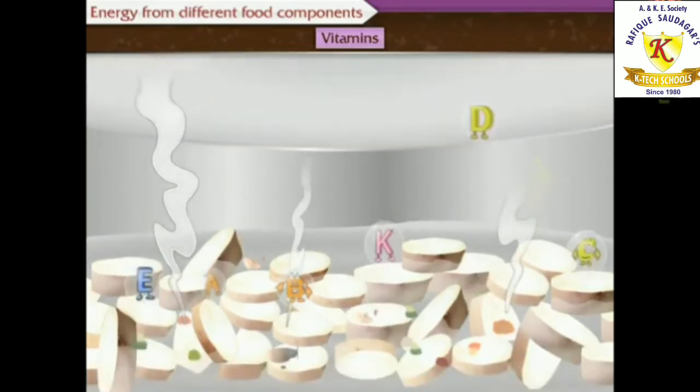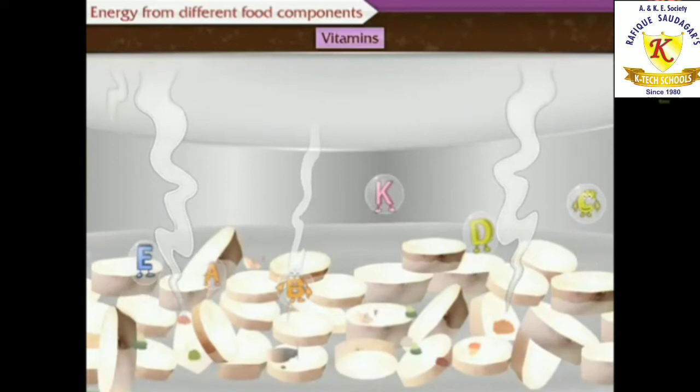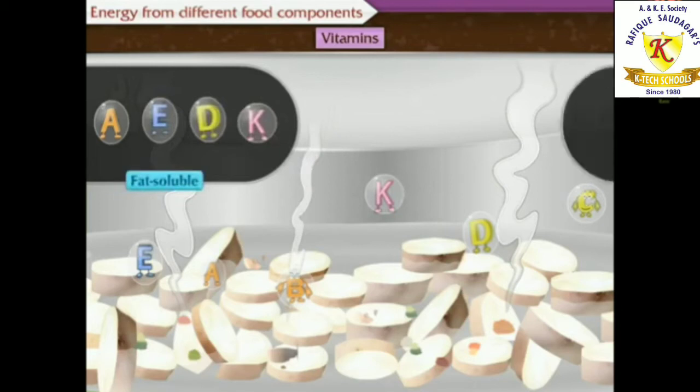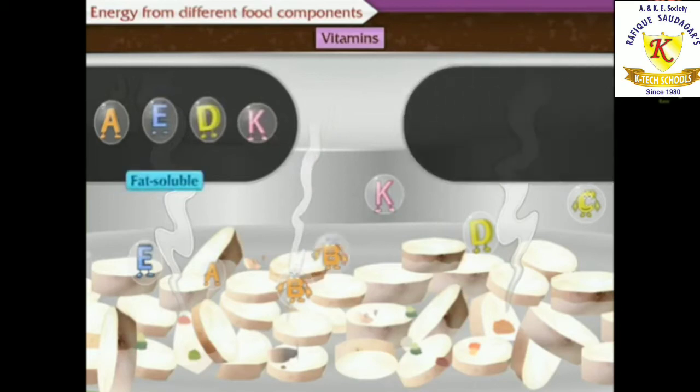Children, there are main 6 types of vitamins like vitamin A, vitamin B, vitamin C, vitamin D, vitamin E and vitamin K. Out of these, children, A, D, E and K are fat soluble, whereas B and C are water soluble.